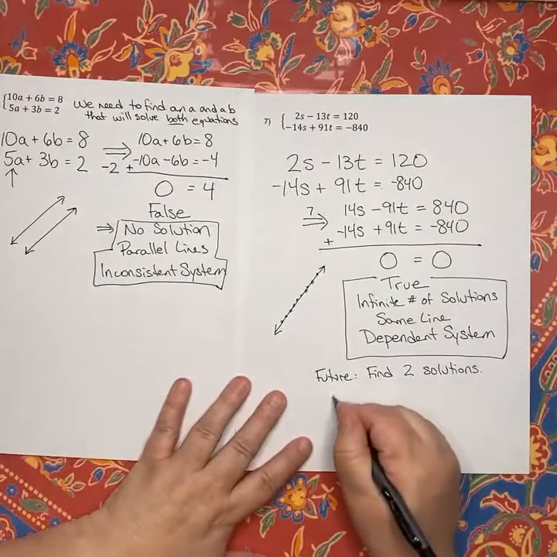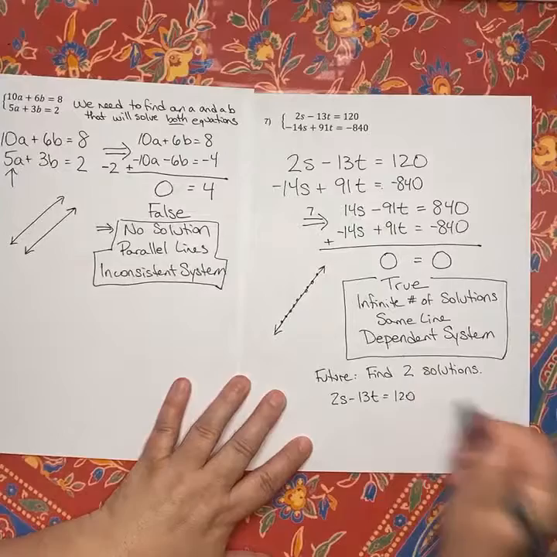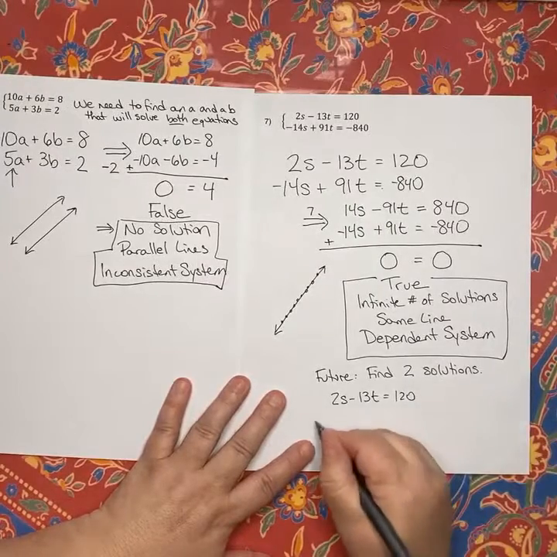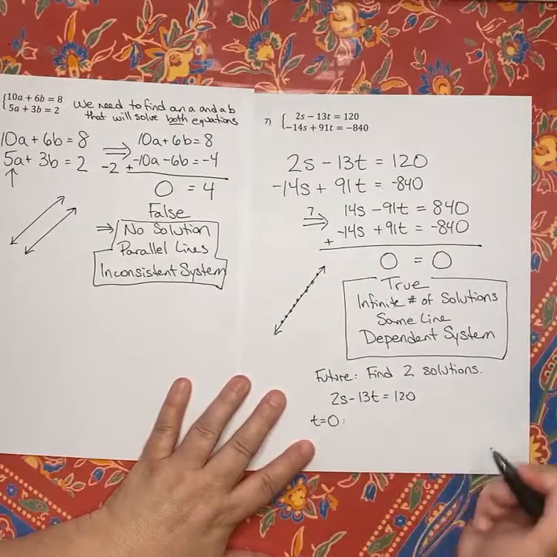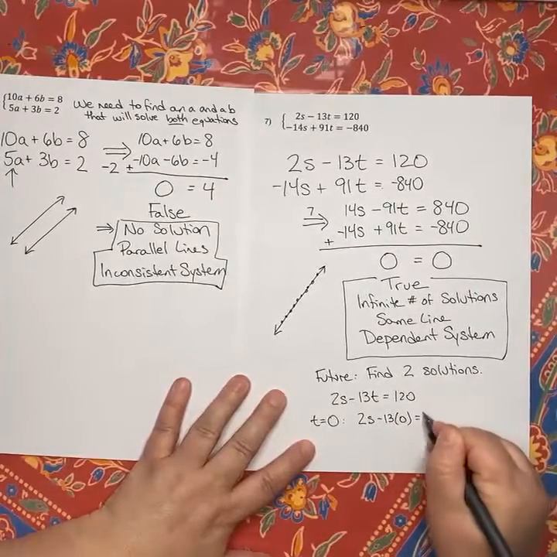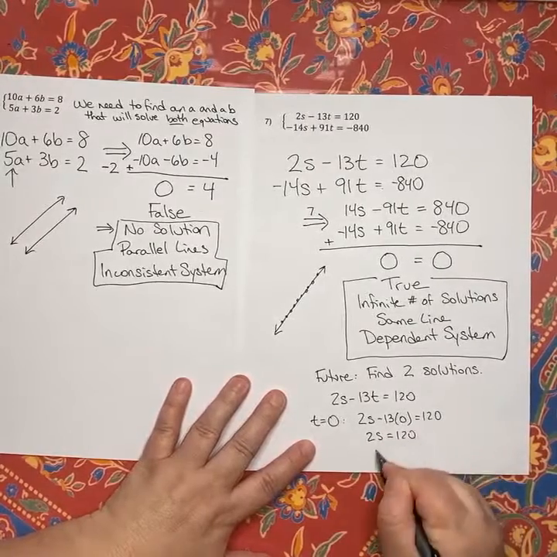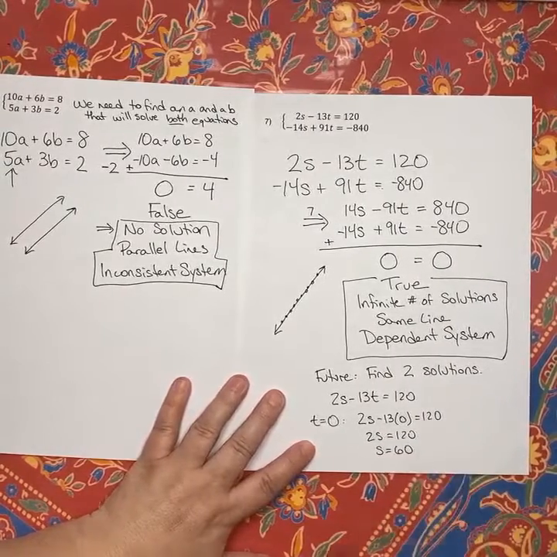So how would you find 2 solutions? Well, you would take the 2s minus 13t equals 120, and you would say, okay, well, what happens when t equals 0? So I've got 2s minus 13 times 0 equals 120, or 2s equals 120, so s equals 60.